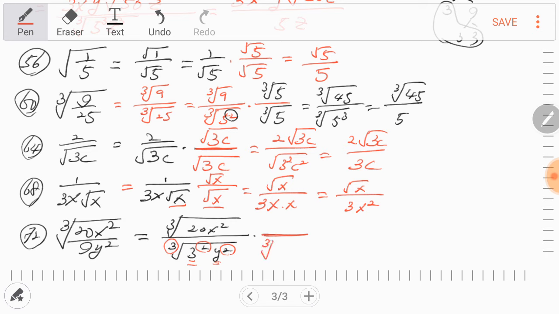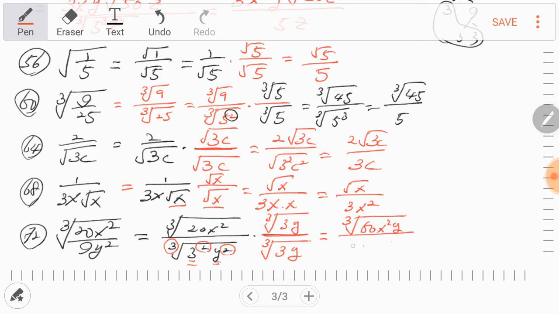So multiply by cube root of 3 and y. So the numerator is what? 3 times cube root of 20 times 3 is 60, x squared y.